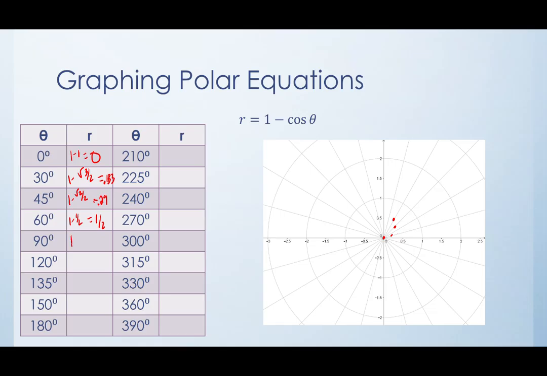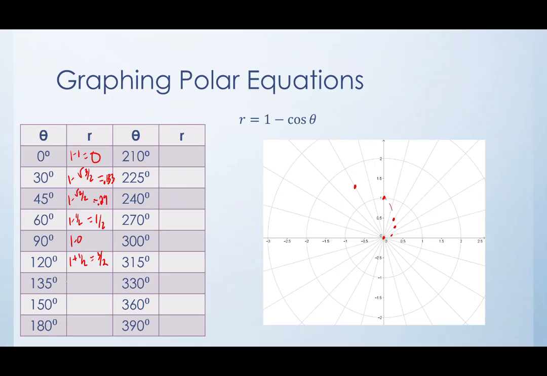And then 90 degrees, 1 minus 0, we're at 1. At 120 degrees, we would be 1 minus a negative half, and you can double check that with your calculator. So we would get 3 halves, about 1.5.